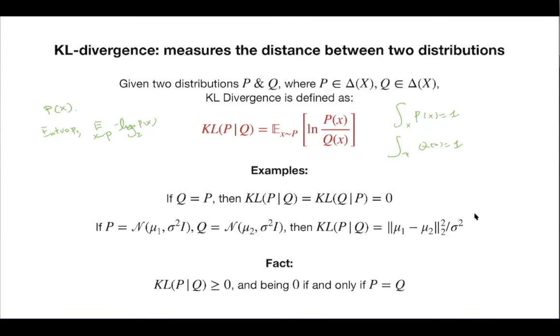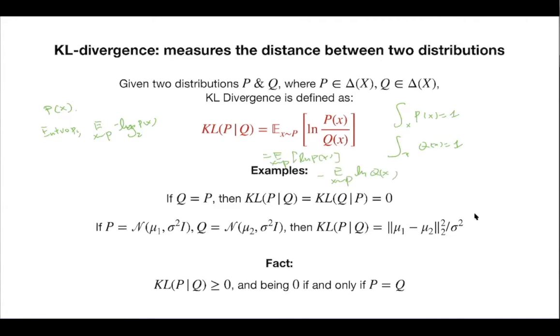So the KL divergence is in some sense saying that, because you can really think about this as the entropy, expectation over x from P of log P(x), minus the expectation over x from P of log Q(x).